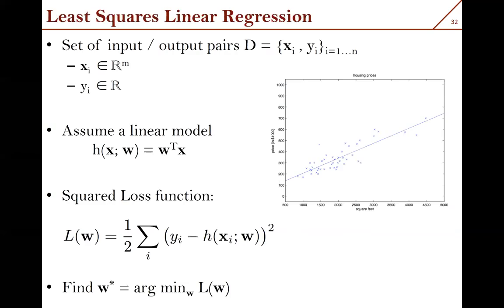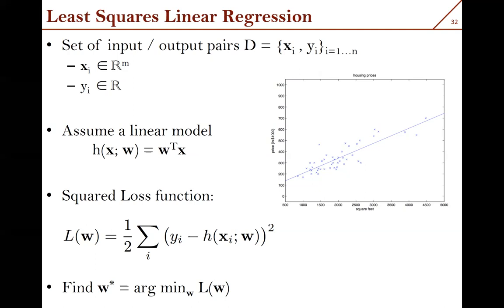Okay, so here is a little bit about the square loss function. If you have this linear model given by h, where x is the input parameter or the feature variable, and w is the weight vector, this is the way it is presented.